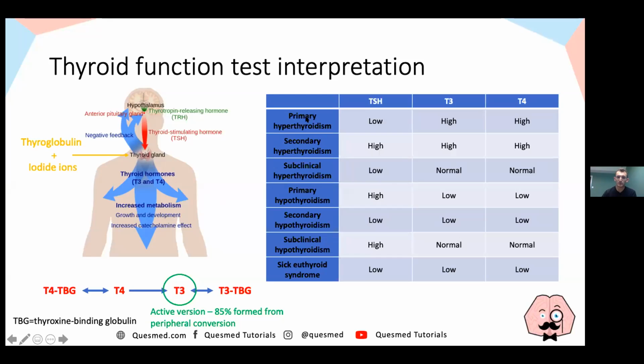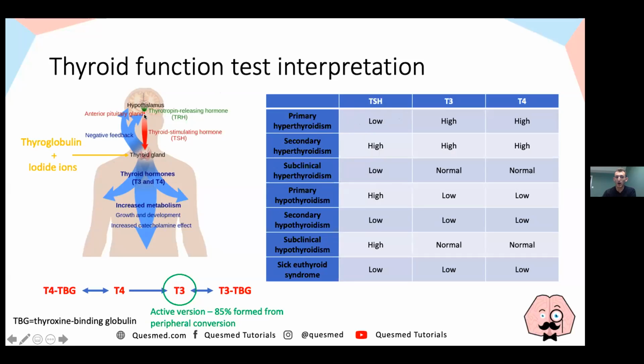If we look first of all at primary hyperthyroidism. Primary means the problem is in the thyroid. Secondary means the problem is elsewhere. So in primary hyperthyroidism, you get really high T3 and T4, and there's negative feedback, so you get a low TSH. In secondary hyperthyroidism, the problem is elsewhere, and that's usually either the anterior pituitary or the hypothalamus.